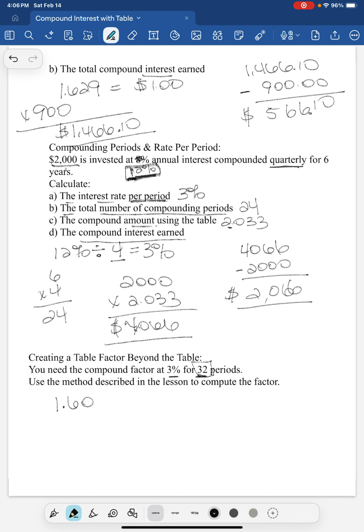And so what we are going to do is multiply half of it by itself. Okay? We half this, or come as close as we can to halving it.